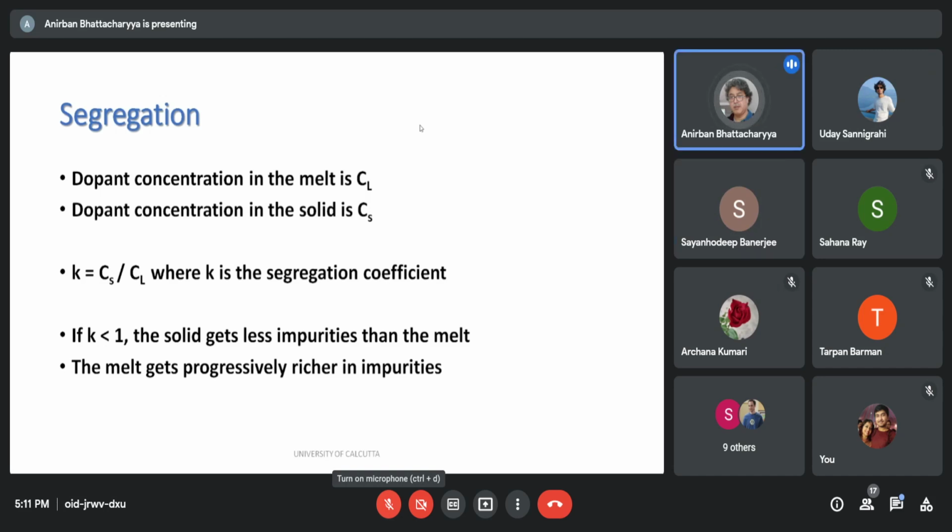So what is happening to the sugar that did not get into the ice? Where will it go? It is inside the mix. It will stay inside the water, right? So the water gets a higher concentration of sugar.